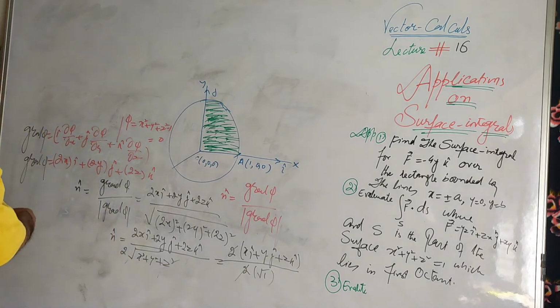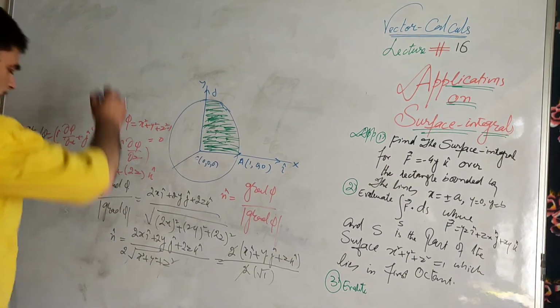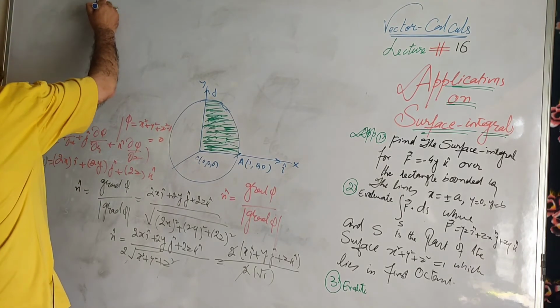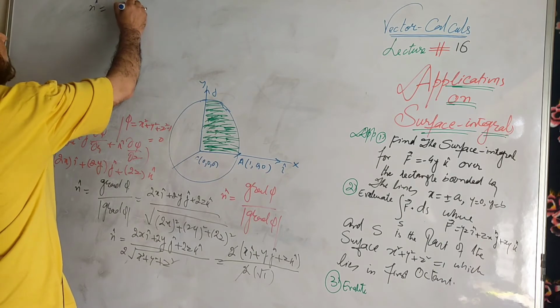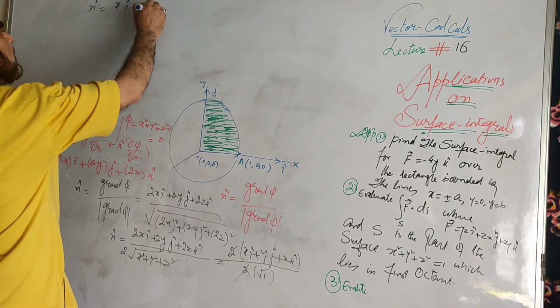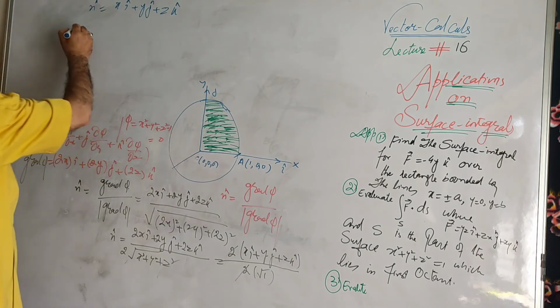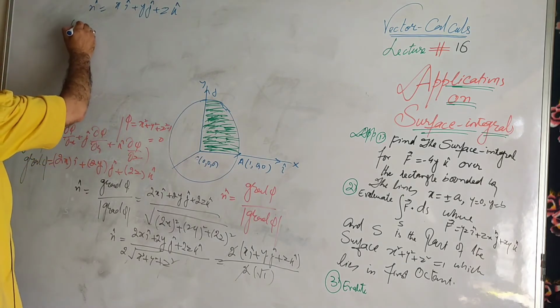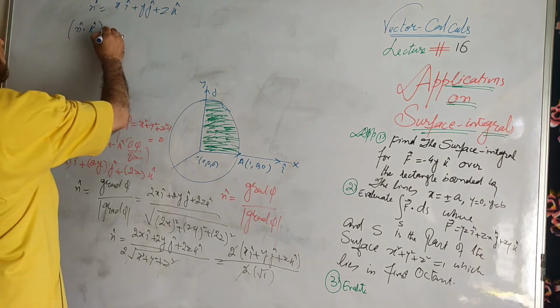Therefore, you have got the unit normal vector n cap. It is simply given by xi plus yj plus zk. Now we find out n dot k. What is this?